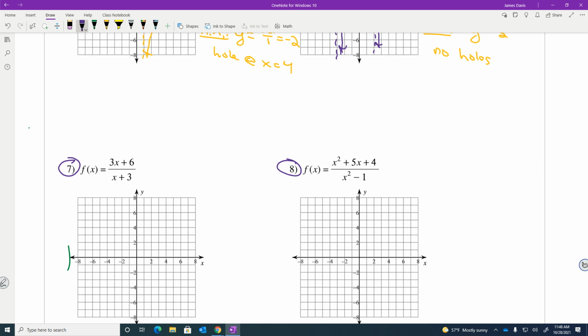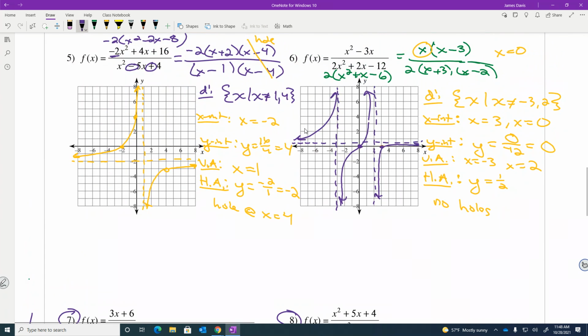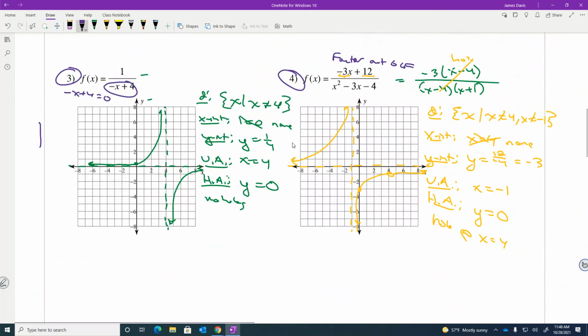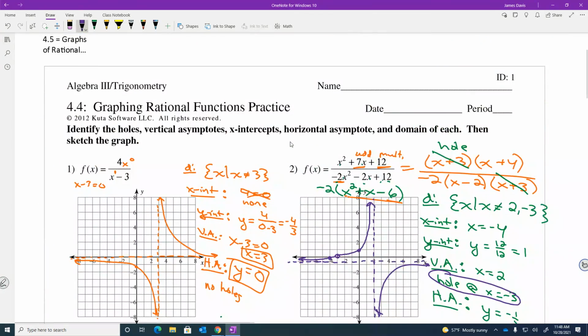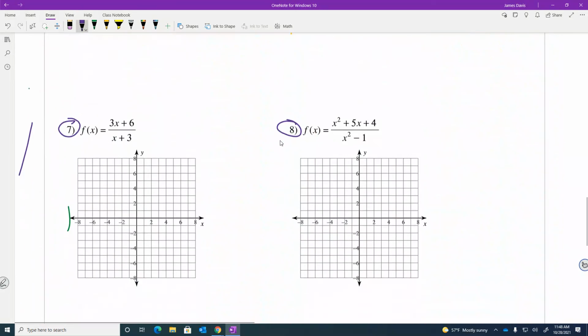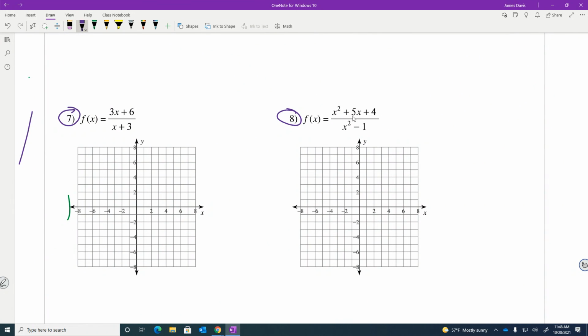Let's look at number 8 real quick. Think about how we're going to factor this. Think about how you factor x squared minus 1. It's called a difference of squares. It's very similar to the x squared minus 4 we had in the quizzes.